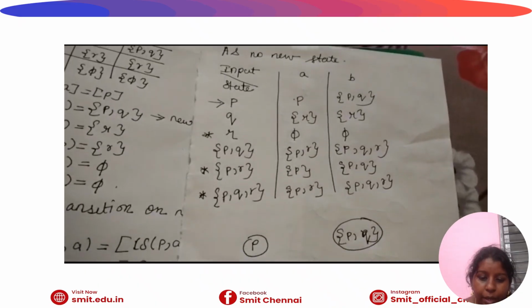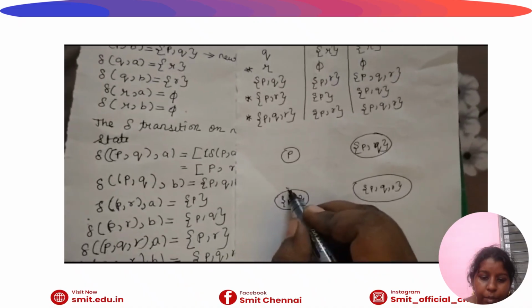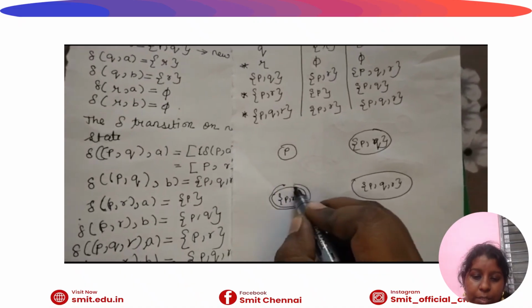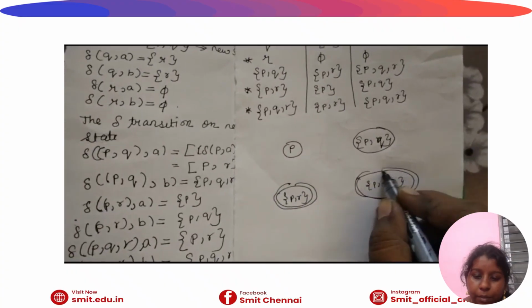For the input A, as it's a final state, we need to put the double circle.